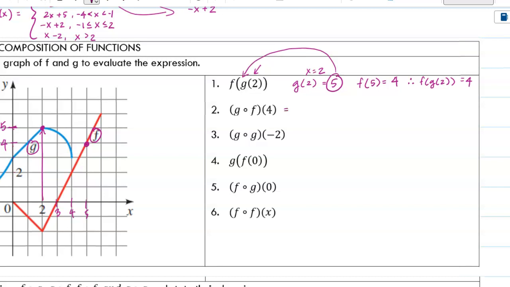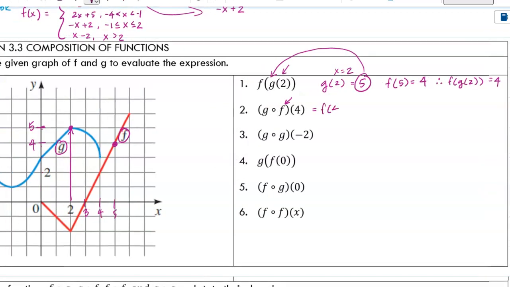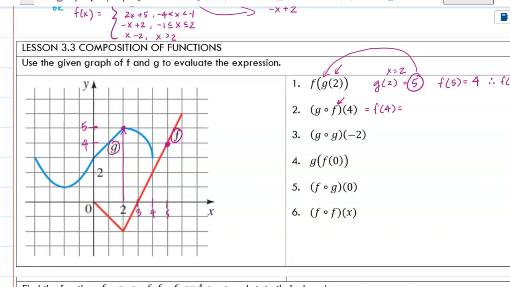Here the input function is f. So I'm going to put that input into function f. Input 4, it looks like it's right here. That's a 2. It gives me an output of 2.